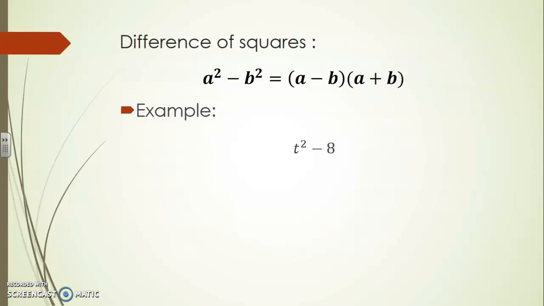Now, don't lose faith if you encounter something of the form like t squared minus 8. And don't panic either, despite the fact that 8 is not a nice squared value. You can, if you wish to, think of 8 as being the root of 8 squared, and therefore generate a difference of squares, where t plays the role of a, and root of 8 plays the role of b. t minus root 8 and t plus root 8 then become the factors of t squared minus 8.